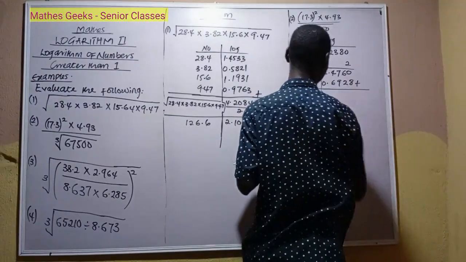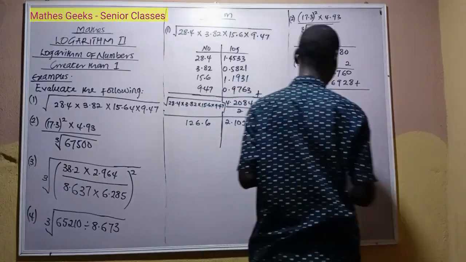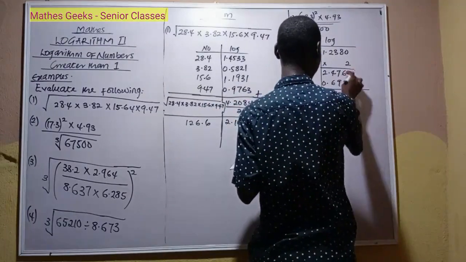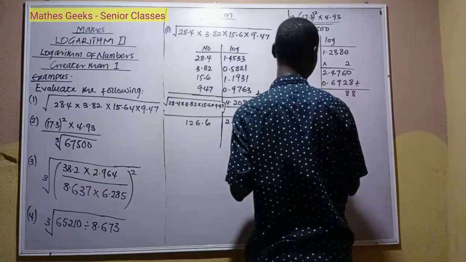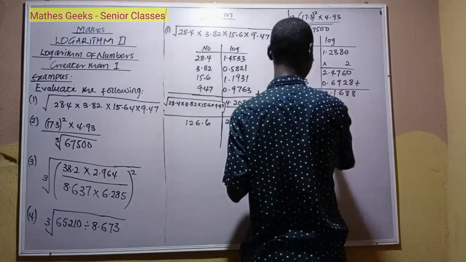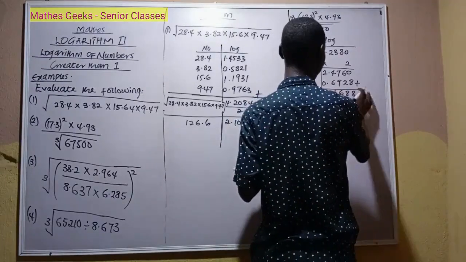Whenever there is multiplication, we're going to add. So 0 plus 8 will give us 8, 6 plus 2, 8, 7 plus 9, 16, 4 plus 6, 10, 11, 3. We call this the numerator.